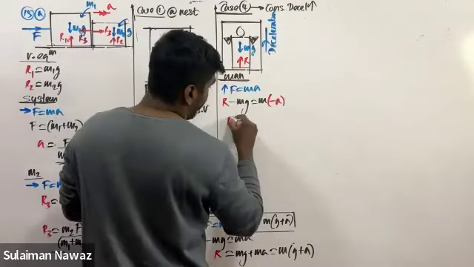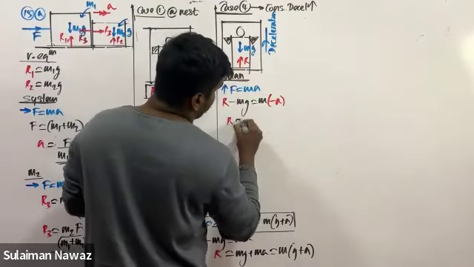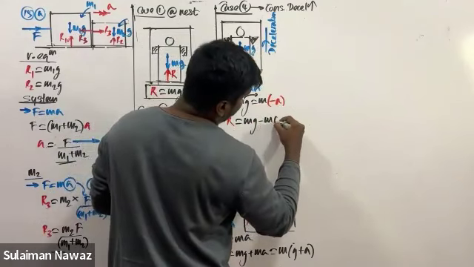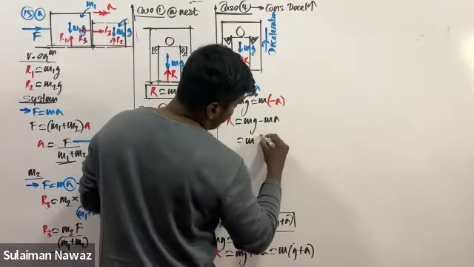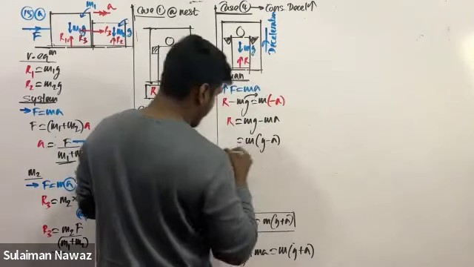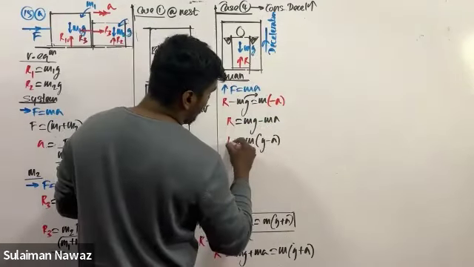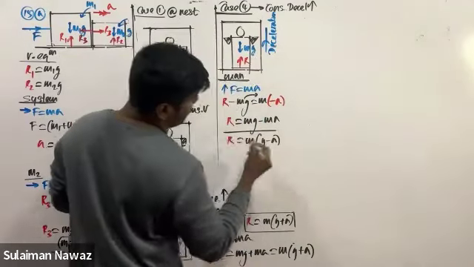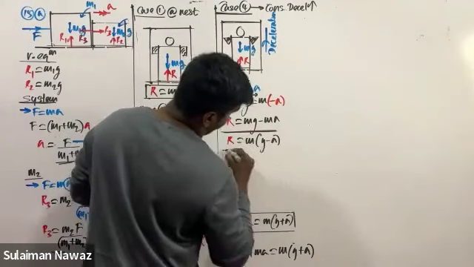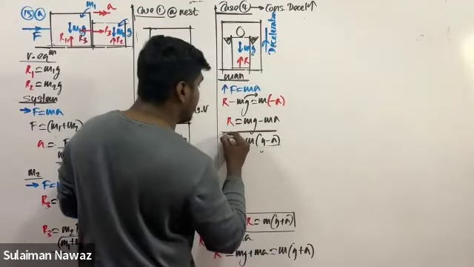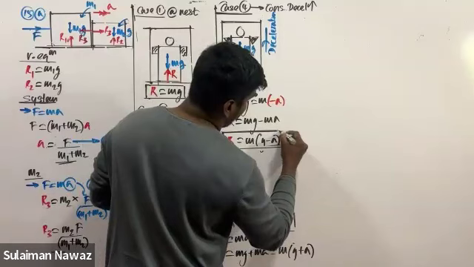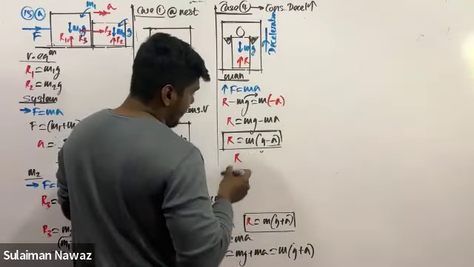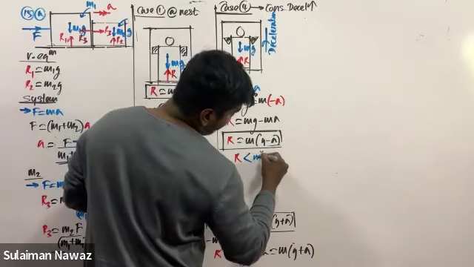Then you will end up with R equals mg minus ma, that means m(g minus a) is your R. Now your R is less than your weight mg.